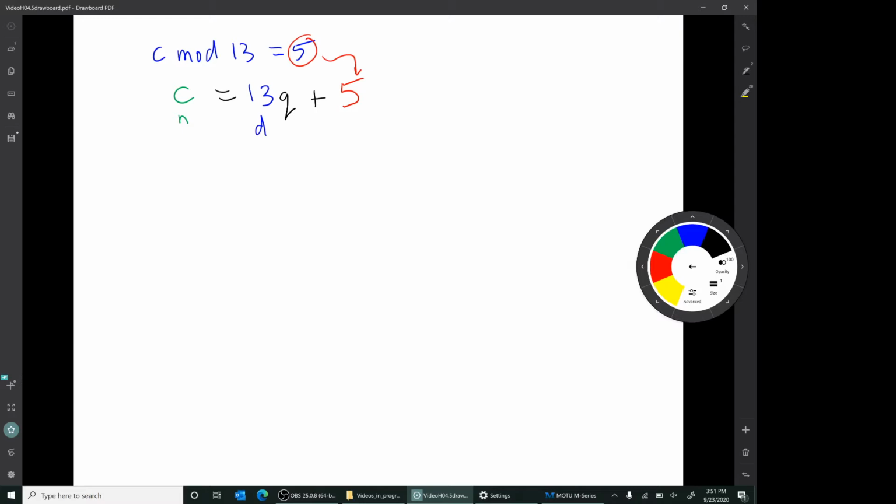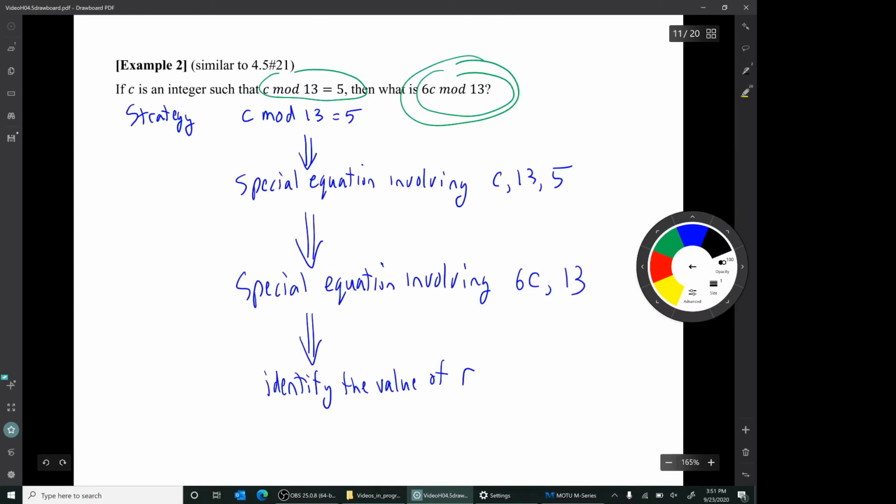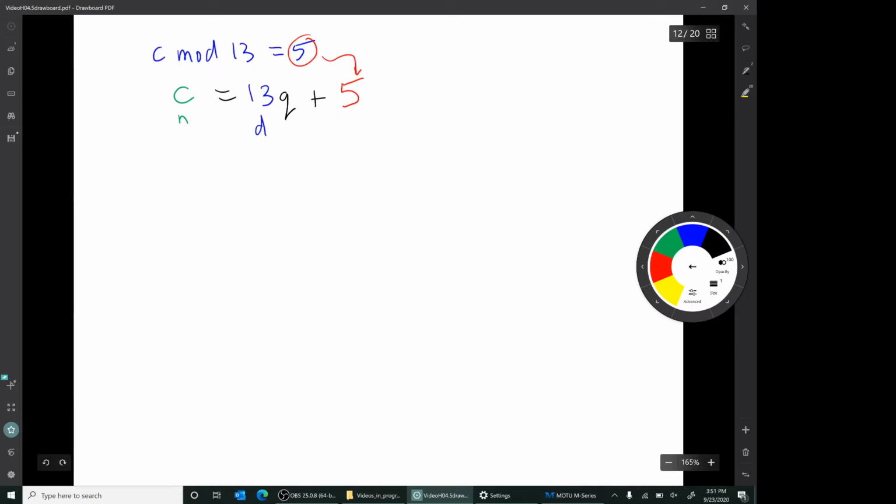Now we need to have a special equation involving 6c. Remember, the only way to figure out this is to have a special equation involving 6c and 13. So let's multiply this whole equation by 6.